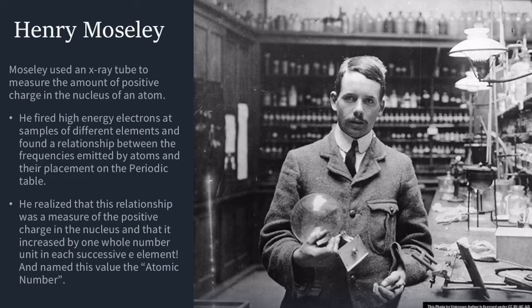And this was really important because this is a more fundamental way of describing the organization of the elements on the periodic table. And so he named this the atomic number. And we know that the atomic number is equal to the number of protons in the nucleus of an atom.